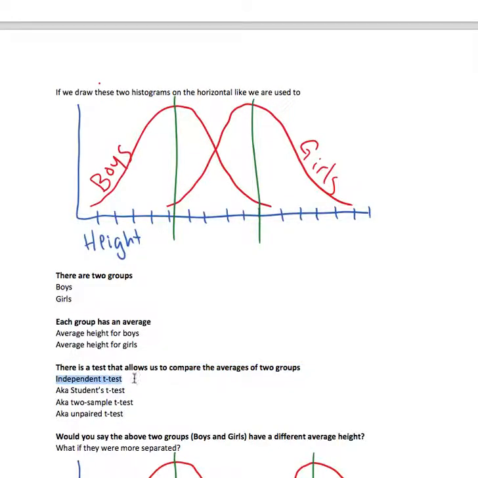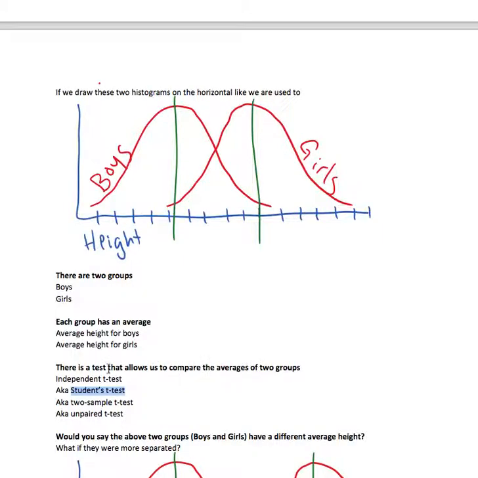Now, I'm going to always be using the words independent t-test, but you also need to know that there are a number of other names for this test if you were to look in different textbooks or in the literature. Sometimes, and I would say this is the second most common thing to call this same test, same exact mathematically test, it's also called the student's t-test.